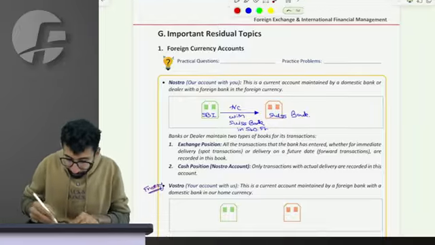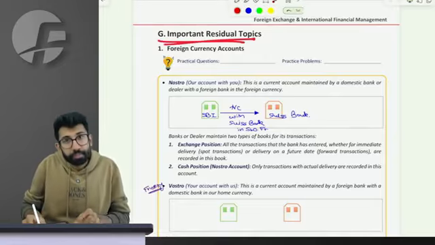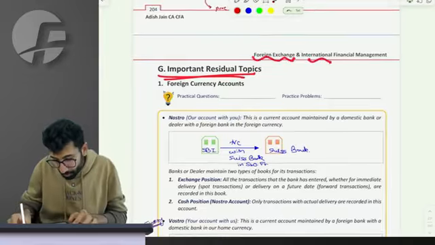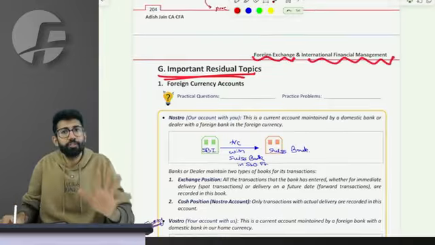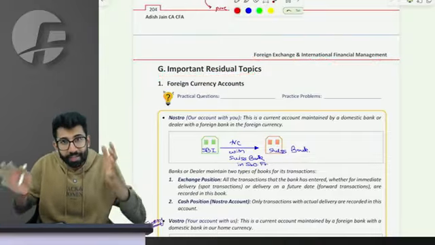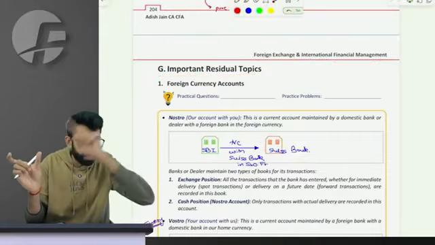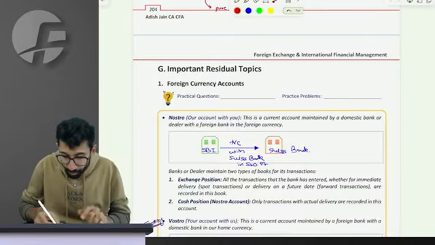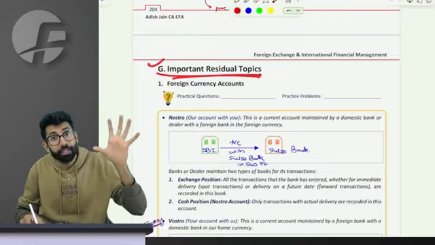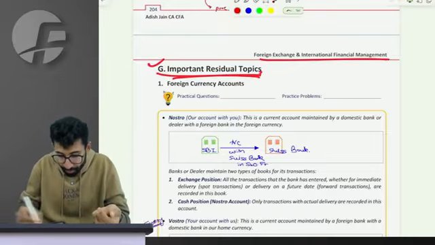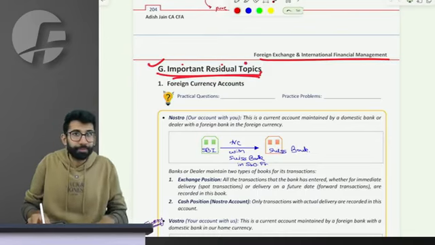Let me guide you. In our notes, both of these topics are merged in a single chapter called Foreign Exchange and International Financial Management. That is also the case in the scanner, correct? However, sir, exactly which part of this entire chapter is international financial management, that if I have to tell you, the last section of the Forex chapter in the notes is important residual topics.